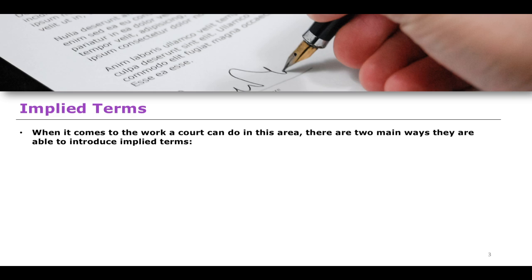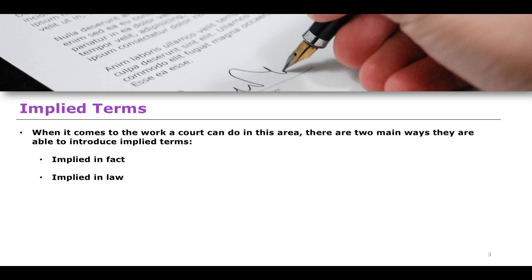So, when it comes to the work that a court can do in the area of implying a term, there are two main ways in which a court may be able to introduce implied terms. They can be implied either in fact or they can be implied in law.